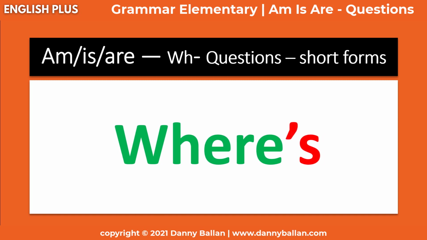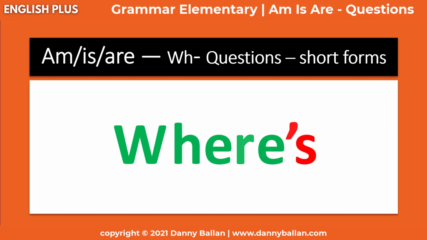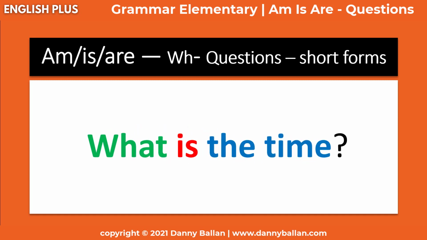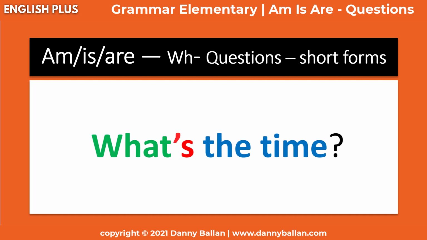So, for example, we can ask the question, what is the time? Or usually in spoken English, nobody says what is the time. That is so formal and, to be honest, sometimes strange when people use the full form. They mostly use the short form. So they say, what's the time? Not what is the time. What's the time?